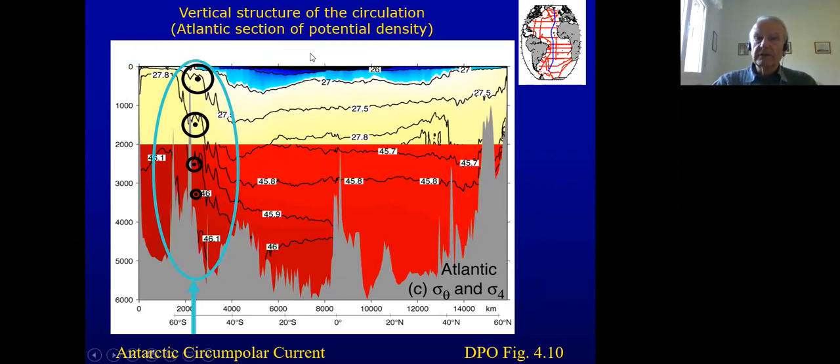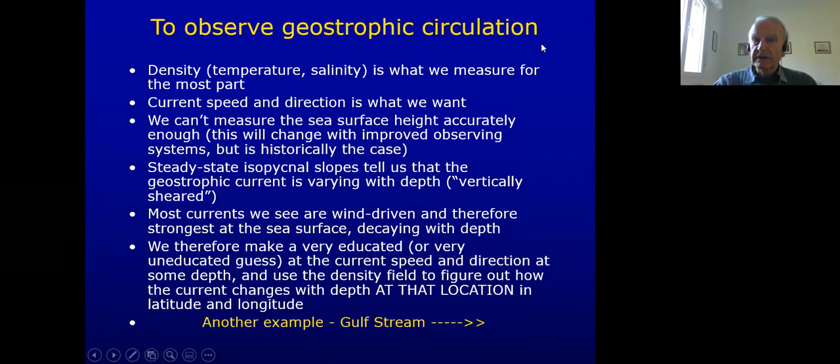So, to observe the geostrophic circulation, what do we need? We need the density, we need the temperature and salinity, and we measure these most of the time.